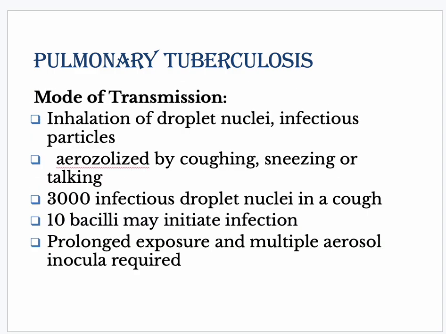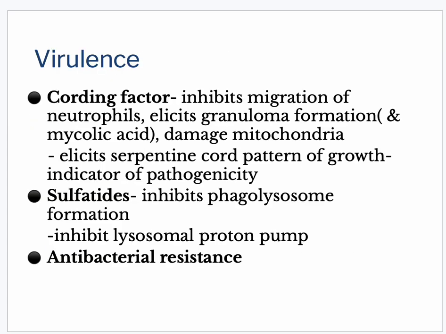So mode of transmission, of course, is inhalation of the droplet nuclei, infectious particles aerosolized by coughing, sneezing, or talking. No, there are 3,000 infectious droplet nuclei na cough. 10 bacilli lang may initiate infection. Prolonged exposure and multiple aerosol inoculations required.